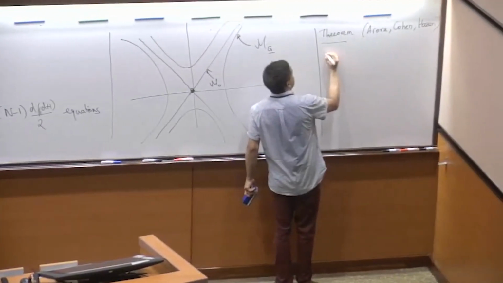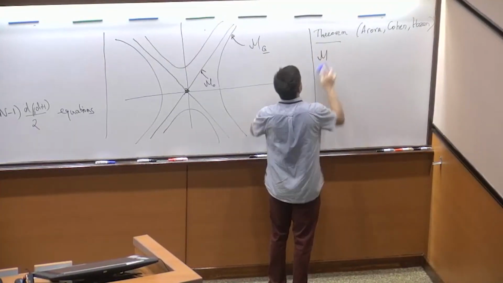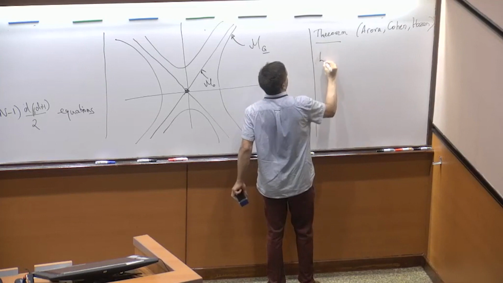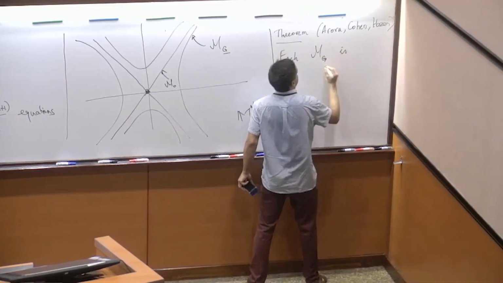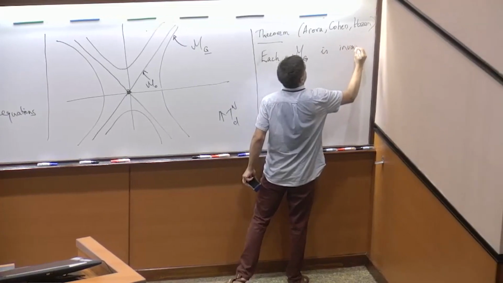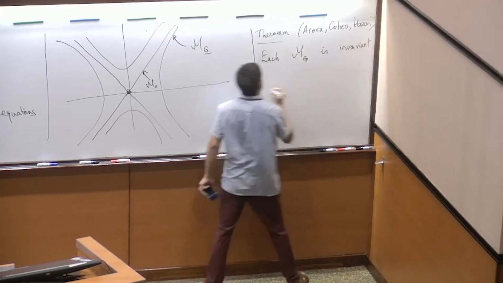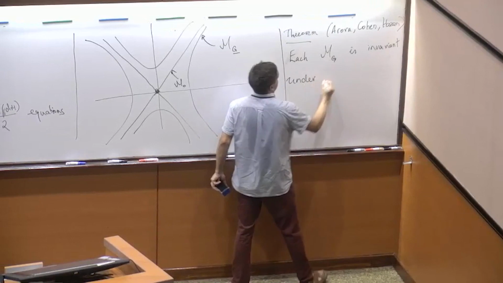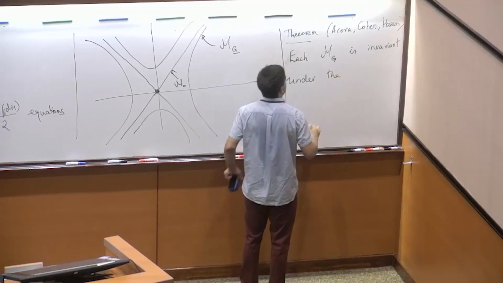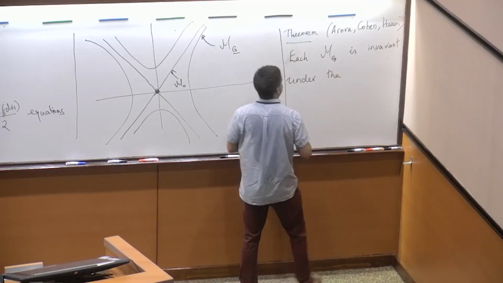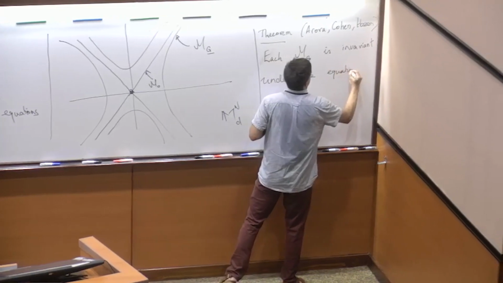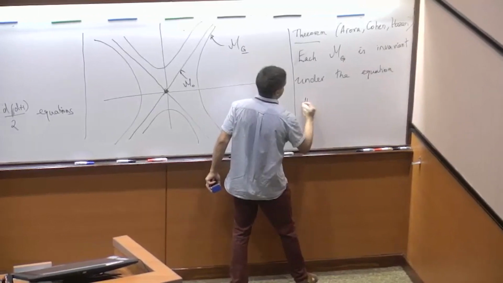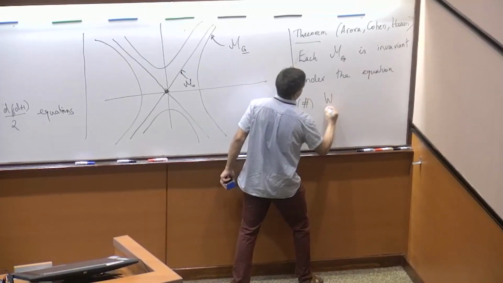The theorem is that each M_G is invariant under gradient flow. I'm going to need notation for my gradient flow equation, so let me call that W dot.